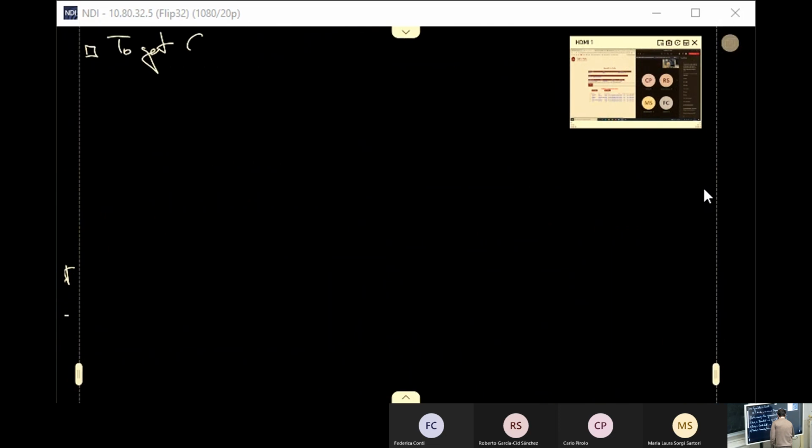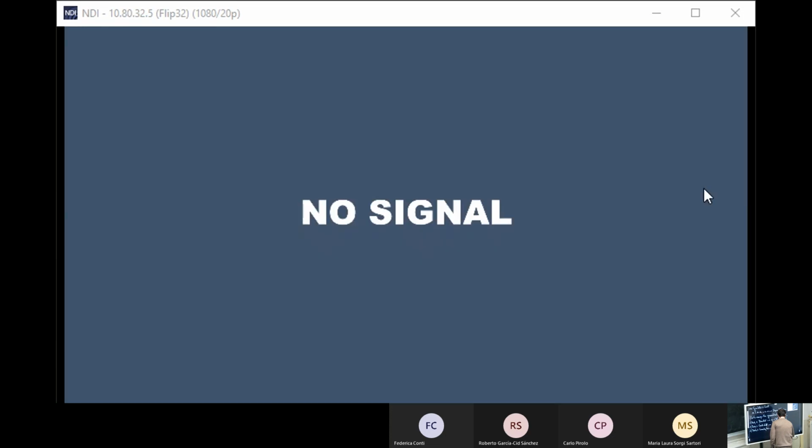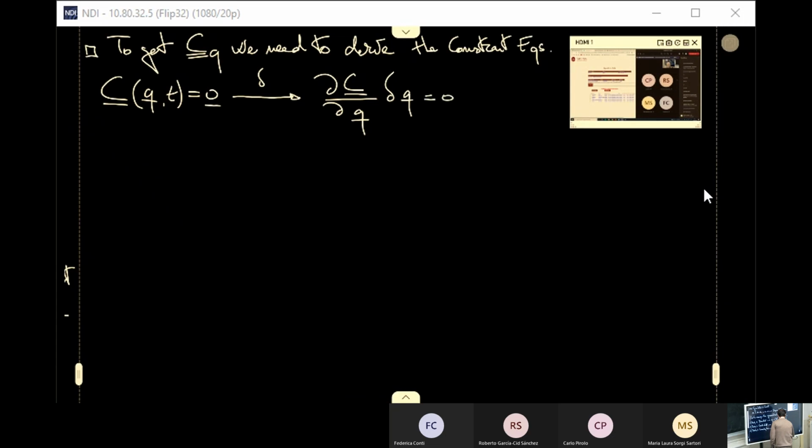To get CQ, we need to derive the constraints. Because you remember that we have something that goes like this. We saw it yesterday. And then there is a virtual derivative, so that this becomes the partial of C over Q times delta Q equal to 0.